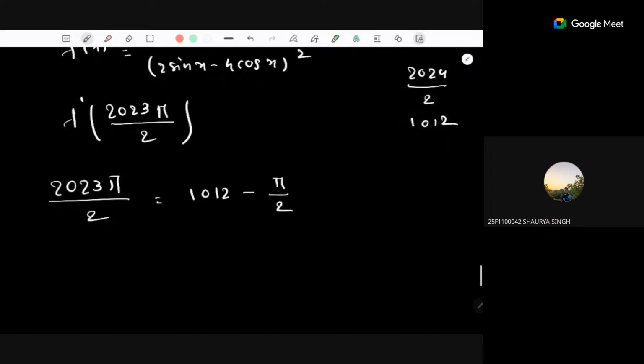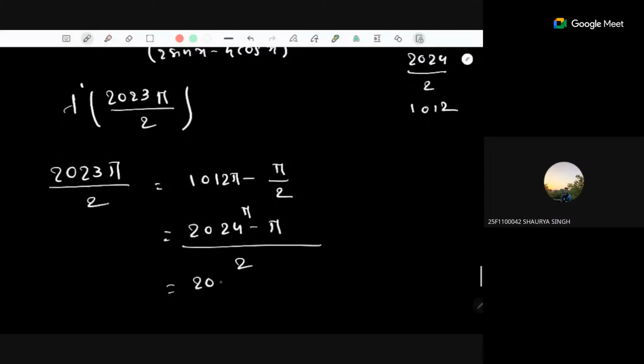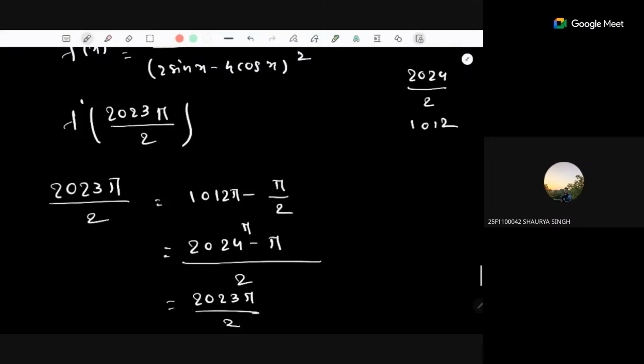Right. So if you solve this one, what will I get? I'll get 2024 pi by 2 minus pi by 2, which will reduce it to 2023 pi by 2. The reason behind this is we want to decompose 2023 pi by 2 so that we get some multiple of 2 pi plus some angle, so that we can reduce cos theta and sin theta.